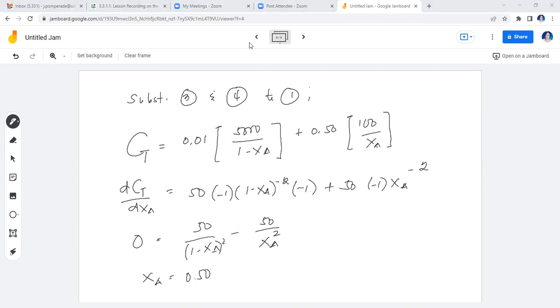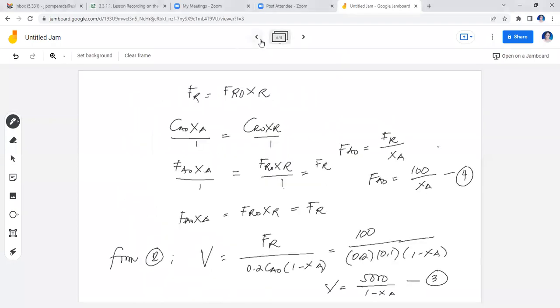Now, you will get rid of the x sub a squared. So you will be left only with x sub a. It's 50. 50%, correct. So 50%.